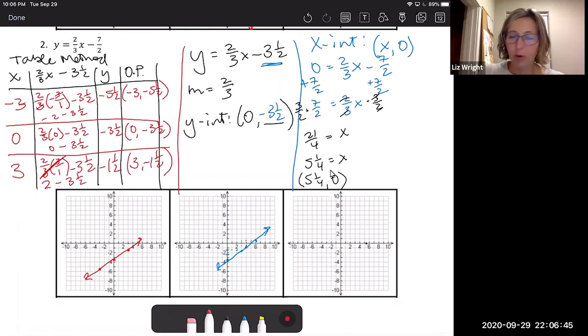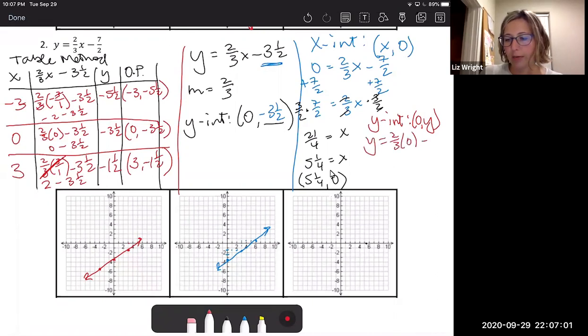And then we still need to do our y-intercept. So we already know our y-intercept should come out at -3 1/2, but we're still going to make sure that we're writing out those steps. So we're going to be plugging in 0 for x, solving for y. So y equals 2/3 times 0 minus 3 1/2. And so that 2/3 times 0 is going to go to 0 minus 3 1/2.